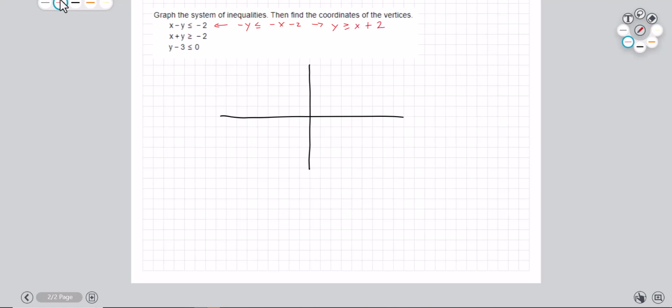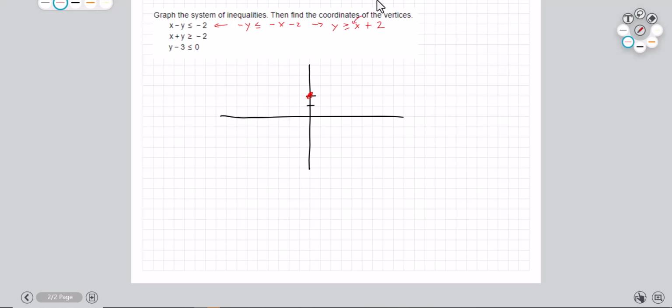So now I can see for this inequality, I am at a y-intercept of 2. So I know there is a point right there. Well, how could I get another value? Now, there's a lot of different ways you could do this. Probably one of the easiest ones is the slope.